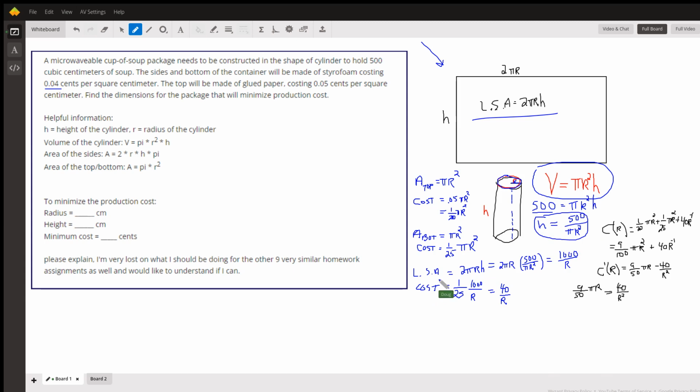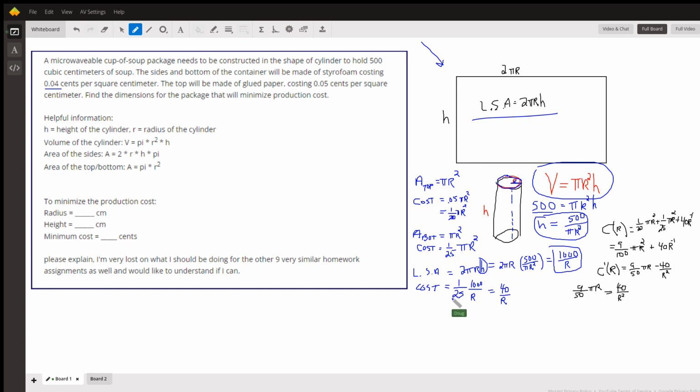So the lateral surface area is 2 pi r h, but I'm going to replace this h with 500 over pi r squared. I can see that the pi cancels out and one of the factors of r cancels out, and I get 1,000 over r. That's the area of the lateral surface, or the sides of the cylinder.